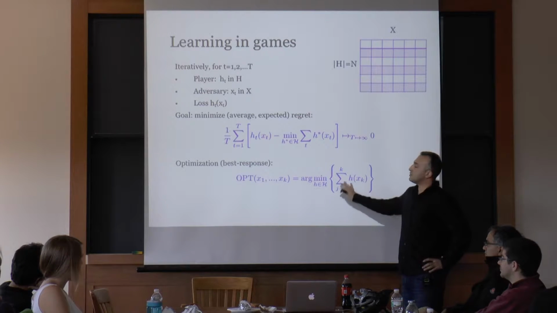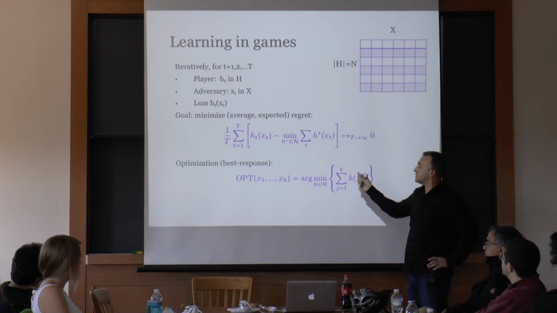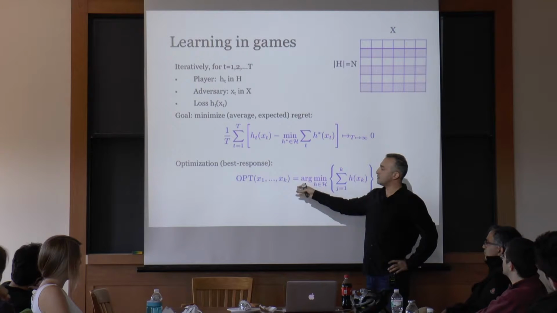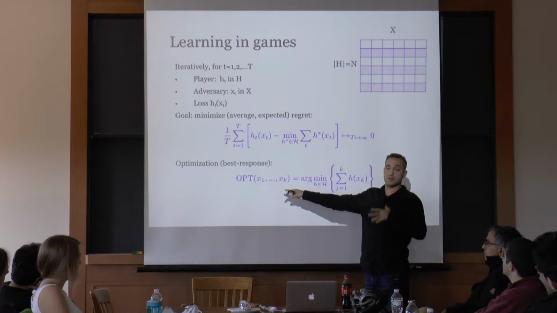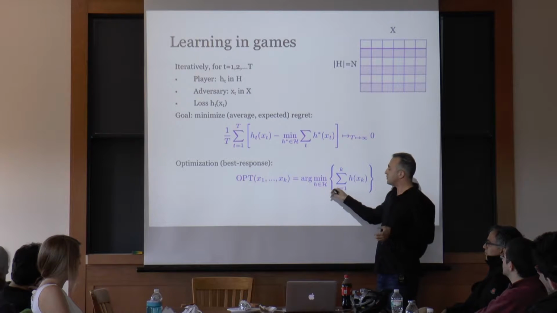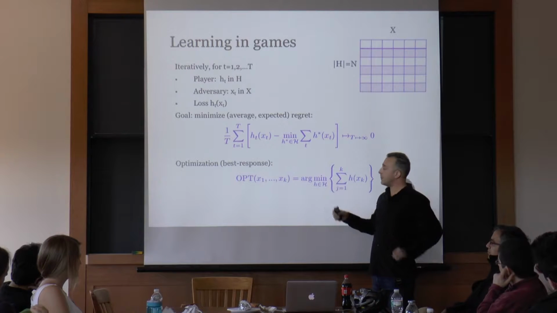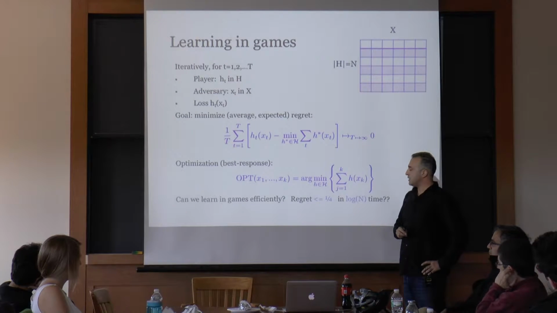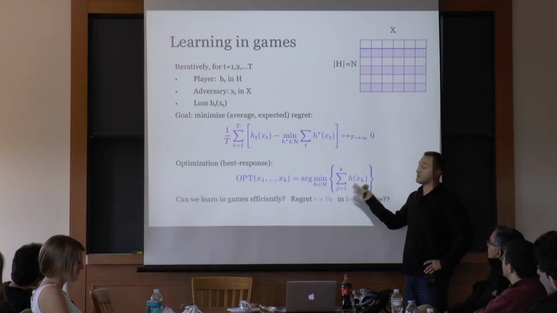Okay, what is an optimization oracle in this case? In statistical learning, it is just the best hypothesis for the sample. Here you can generalize this and say an optimization oracle is one that takes a multi-set of examples, or if you want a distribution of examples, and returns the best hypothesis for it. And now the analogous question to the one Vapnik asked in statistical learning is: can we learn in games efficiently?